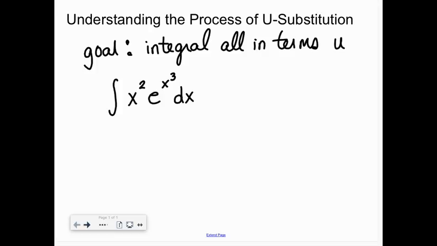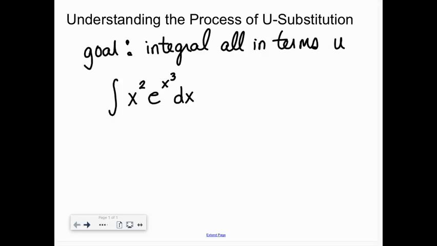Okay, if you don't see, but you notice, hey, look, I have x cubed inside the function e to the x, it's composition, and then the derivative of x cubed is 3x squared, and I have the x squared there. That means most likely when that derivative was found, it was found using the chain rule. So you can use substitution to undo it.